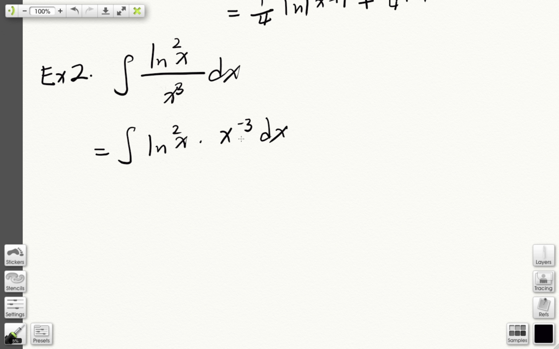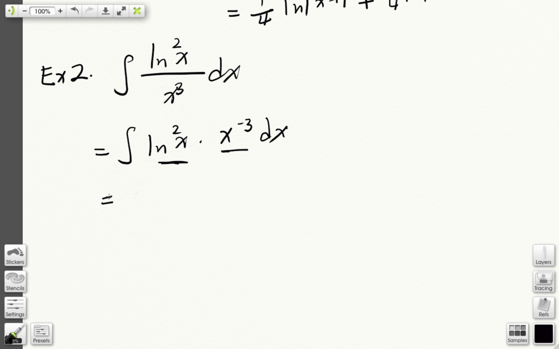So as you can see here, we know the antiderivative of this part, but this ln of x squared is just so annoying. So we may want to get rid of this, but by doing so, we need to take the derivative, since the derivative of ln of x is simpler. If we want to take the derivative, then we use integration by parts, right?